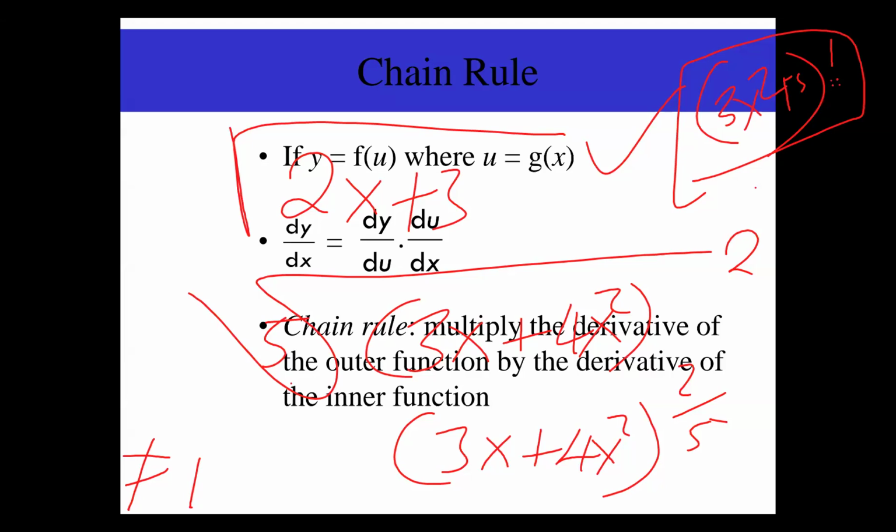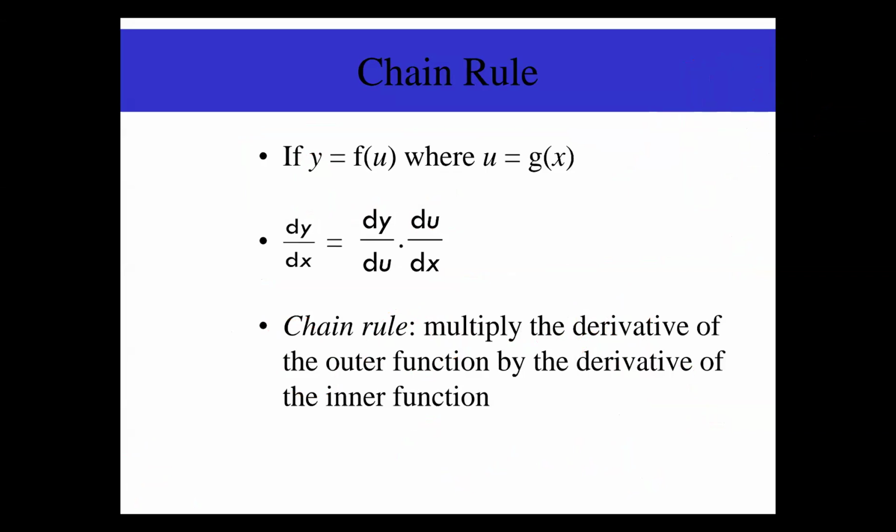So when you are working with the chain rule, we have a function of the form, let's say, y equal to f(u). This is a function of u, right? The y is a function of u. In that case, how do we work, using the chain rule, to find dy over dx, meaning the derivative of this function?